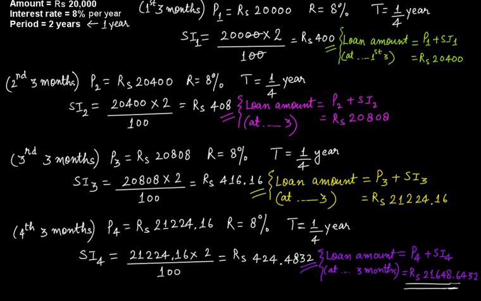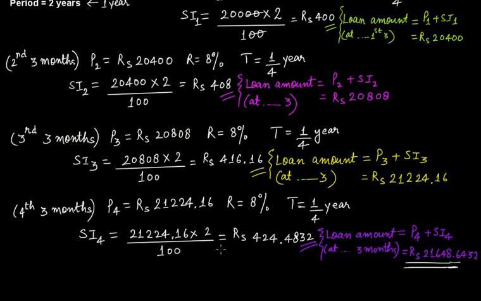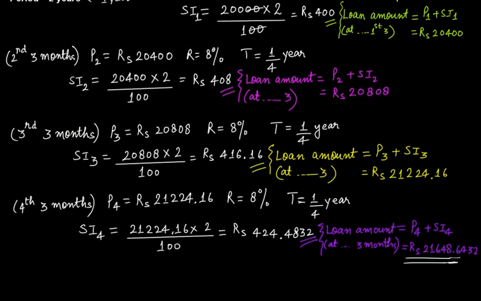Okay, now tell me, what is the compound interest? Now, if you have to calculate compound interest, then as we discussed earlier, there are 2 ways. One way is SI1 plus SI2 plus SI3 plus SI4. That is, add all the interests that you have calculated for each period of 3 months, right? First period, second period, third period, and fourth period. This is one way. Another way is the formula.